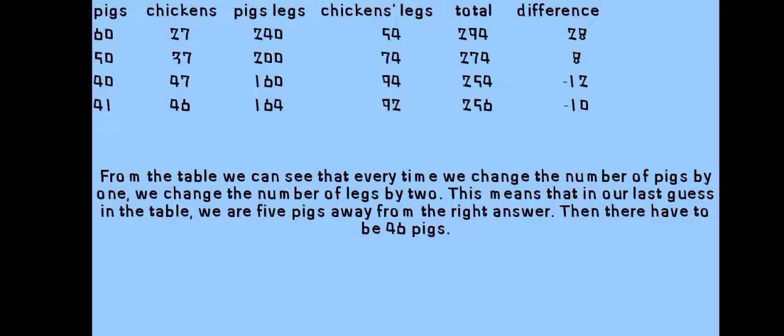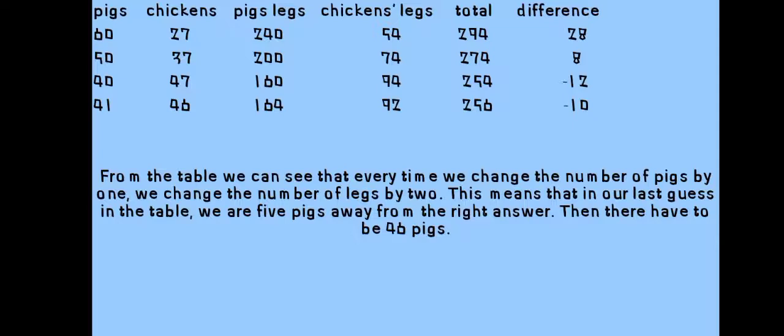Example. This example was a continuation of the guess and check and guess and improve methods of problem-solving strategies. To make things easier, making a table or organizing a list is the easiest way of calculating bigger data. From the table, we can see that every time we change the number of pigs by 1, we change the number of legs by 2.